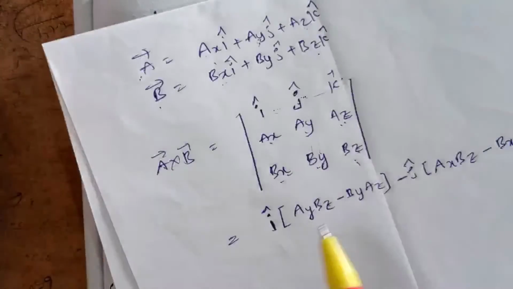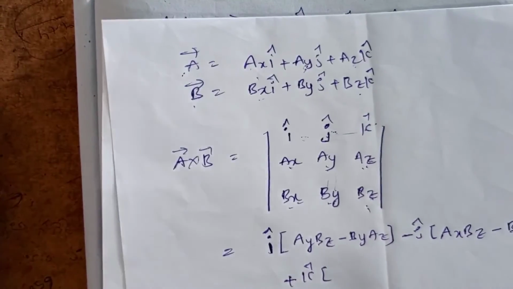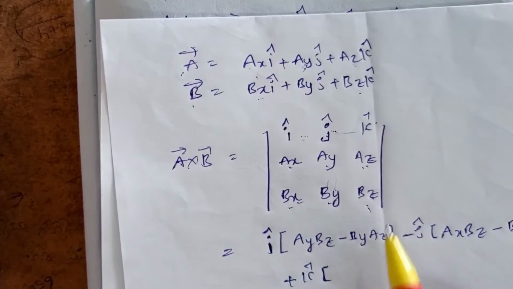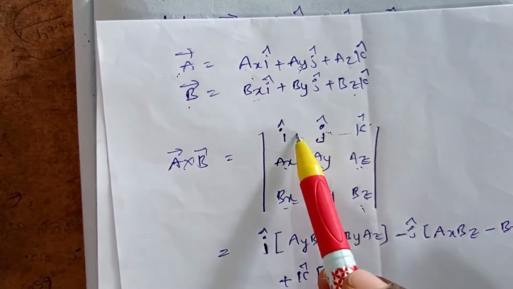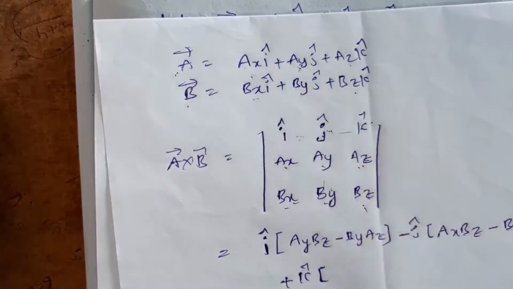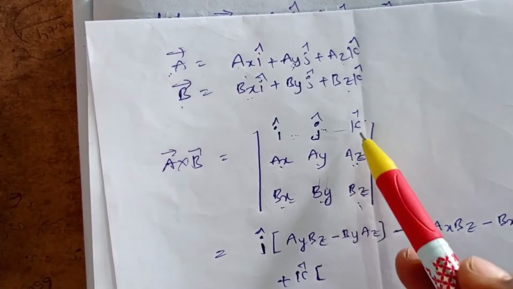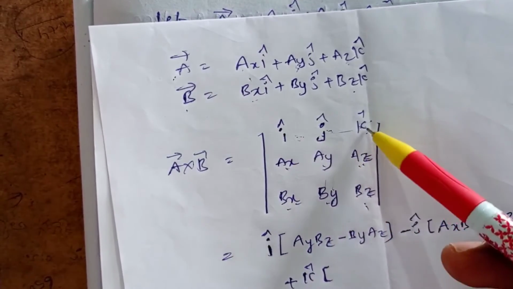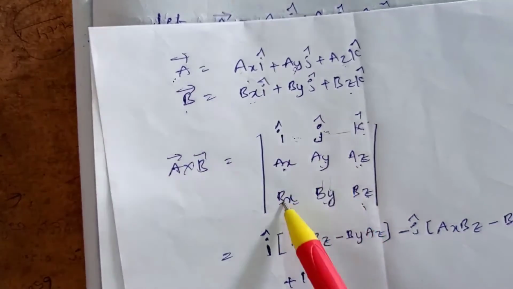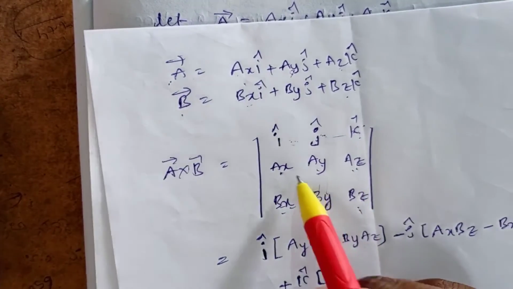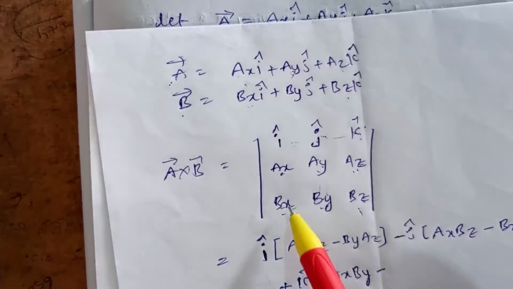Next, plus k cap. When we are taking k cap, we have to eliminate the first row, third column. What are the remaining? ax, ay, bx, by. Now I am taking ax by minus bx ay.